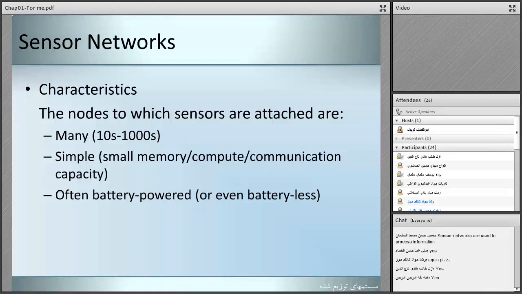So assume in a forest, in a jungle, we install a large number of sensors in different places.